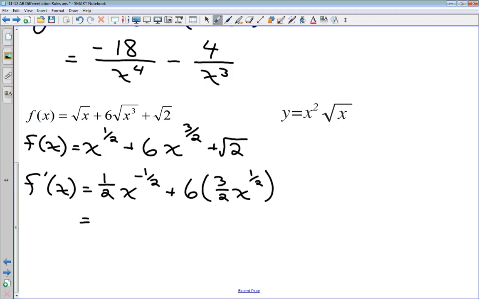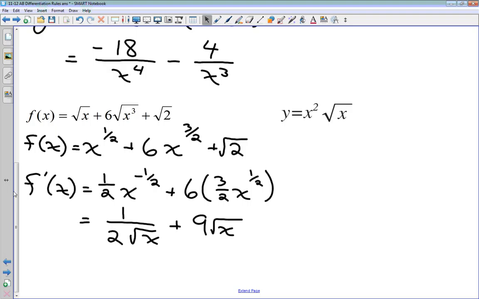I'm still going to have a 1 up in my numerator and a 2 down in my denominator, but I can take the x to the negative 1/2 and write it in the denominator as root x. For my next term, I've got, let's see, 6 times 3 is 18. 18 divided by 2 is 9, so I'm going to have a 9 as my coefficient, and then just root x here, changing that fractional exponent into a square root.